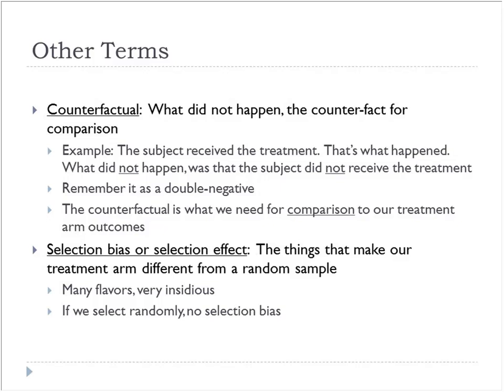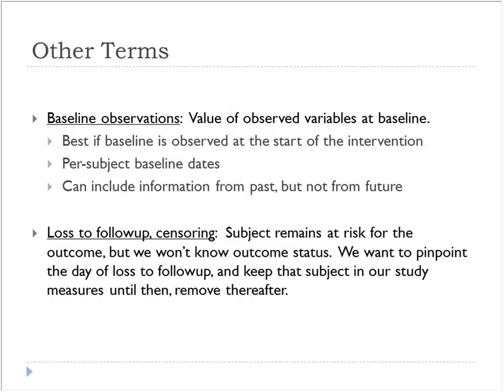There are many flavors of this, and it can drastically change the effect sizes that you'll find when you're trying to evaluate an intervention. So it's very important that we control for selection bias, and this matching is the method that we're using since we don't have randomization.